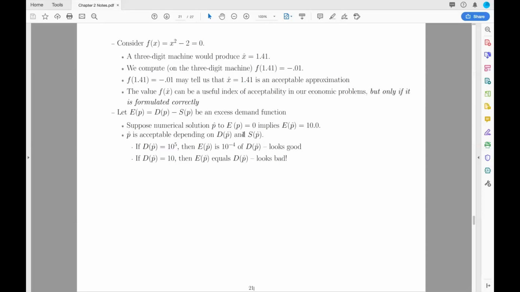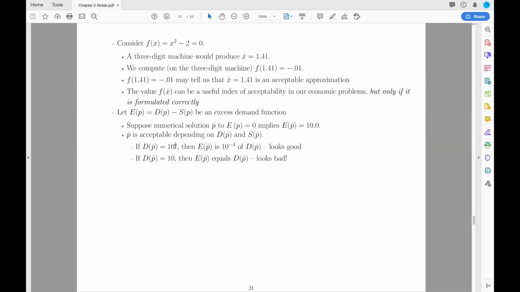Well, it really depends. By the way, here we have a units problem. It depends on the magnitude of the demand and the supply. If the demand is 10 to the 5th, you're talking about something like the monthly production of BMWs or something. I don't know. And then the excess demand is 10.